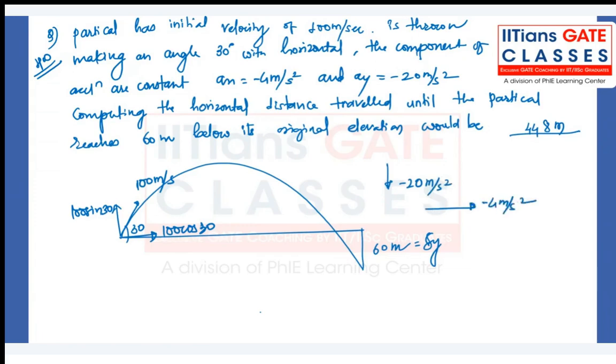Try to use this given data and solve this question. What they are asking is the distance traveled by the particle, the total distance. Sx for Sy equal to 60. What is Sx?